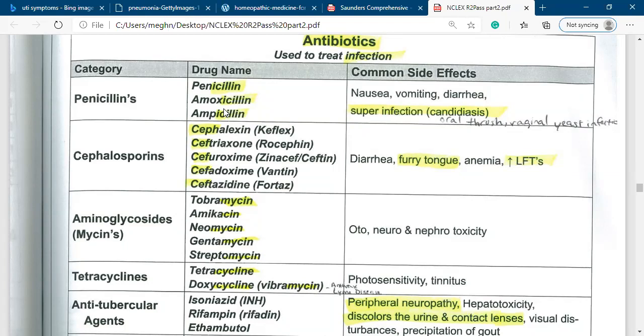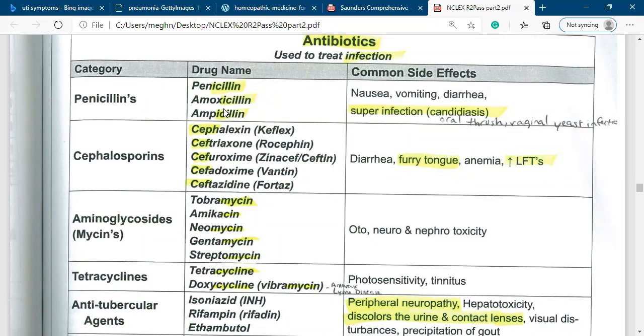In that case, we give them an antidote. What is an antidote? Antidote means the medication that can stop the penicillin's activity. The antidote for penicillin is epinephrine.